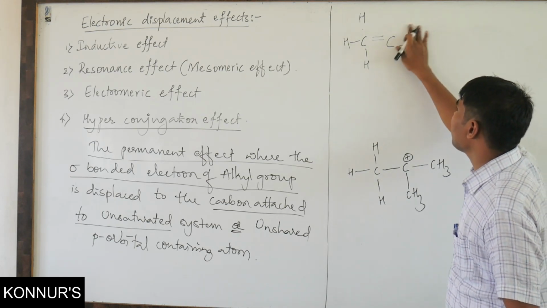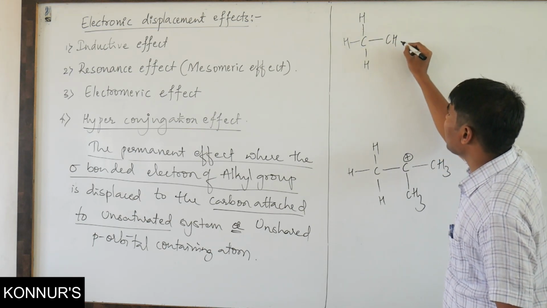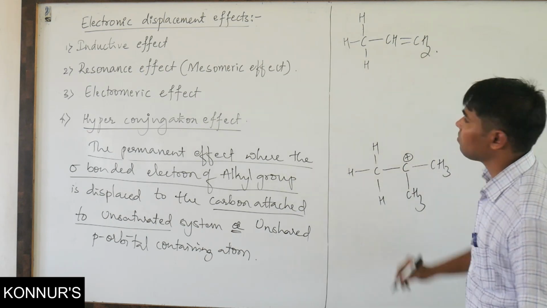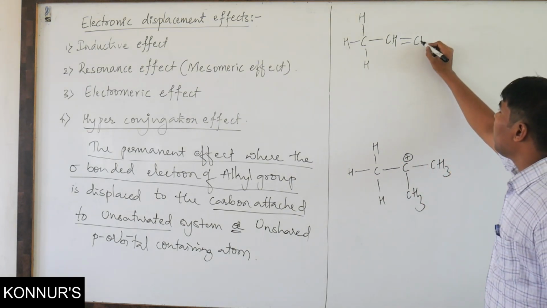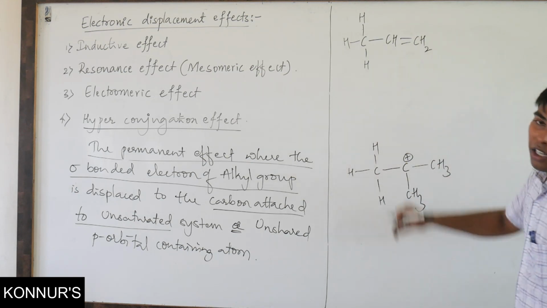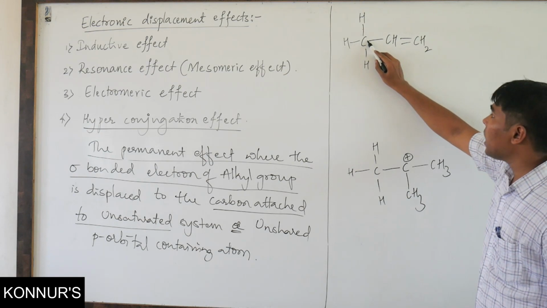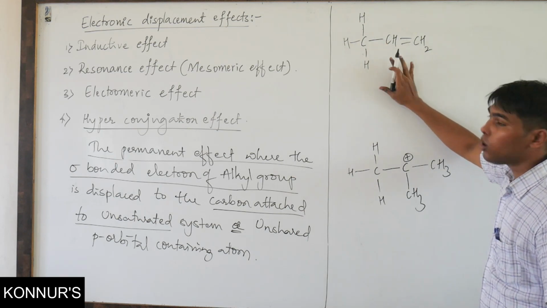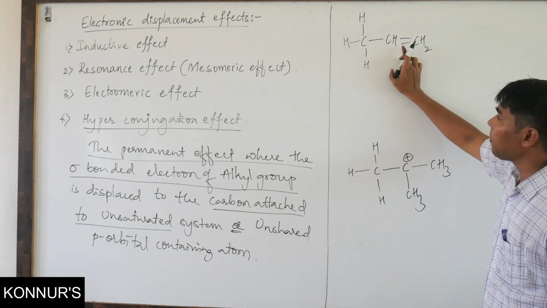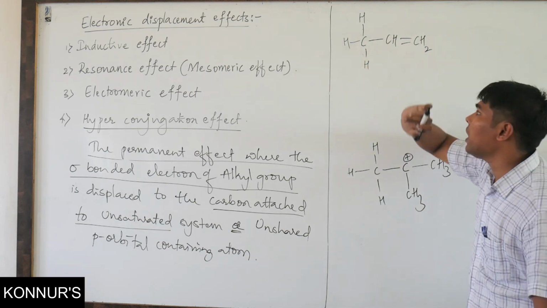So if I take the whole molecule, like CH double bond CH2, this we call an unsaturated system, where this is called the allylic carbon. Allylic carbon is nothing but the sp3 hybridized carbon binding to sp2. So our unsaturated carbon directly binding to sp3 is called the allylic carbon.